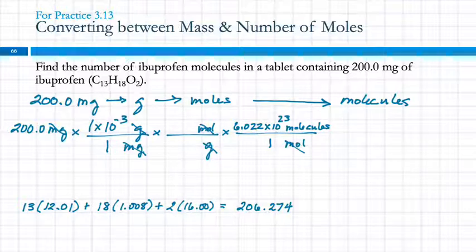What would the units on that be? Grams per mole. So we could write that grams per mole, or we could say that many grams equals 1 mole. This is my conversion factor that I'm going to stick in here. 1 mole of this compound weighs 206.274 grams.